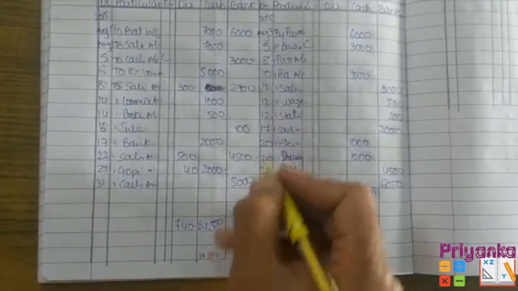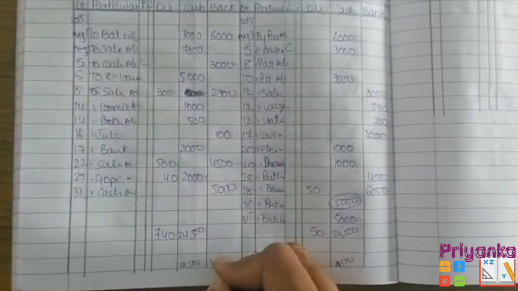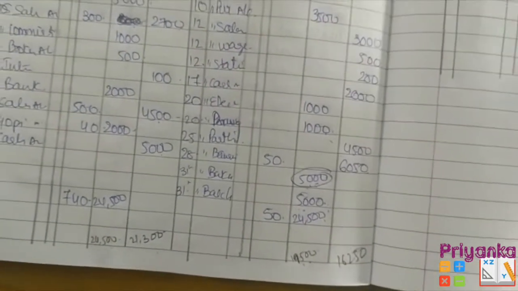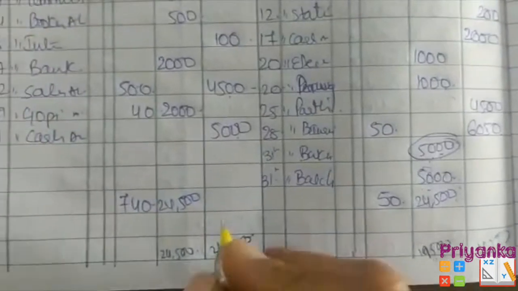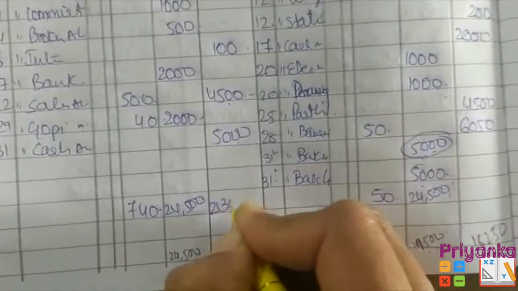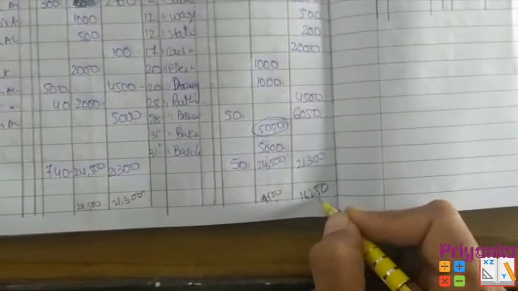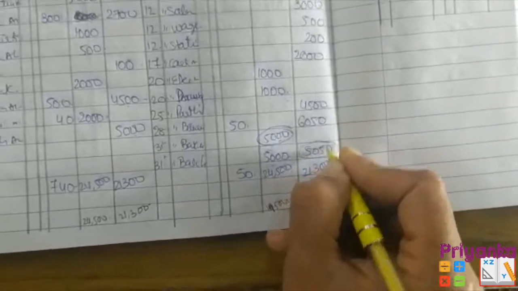Now we'll make a total of this side. Here I found 21,300 and here I found 16,250. This one is more, so write down 21,300 at both sides of the bank column, get minus with 16,250, which will be the closing balance of the bank column.